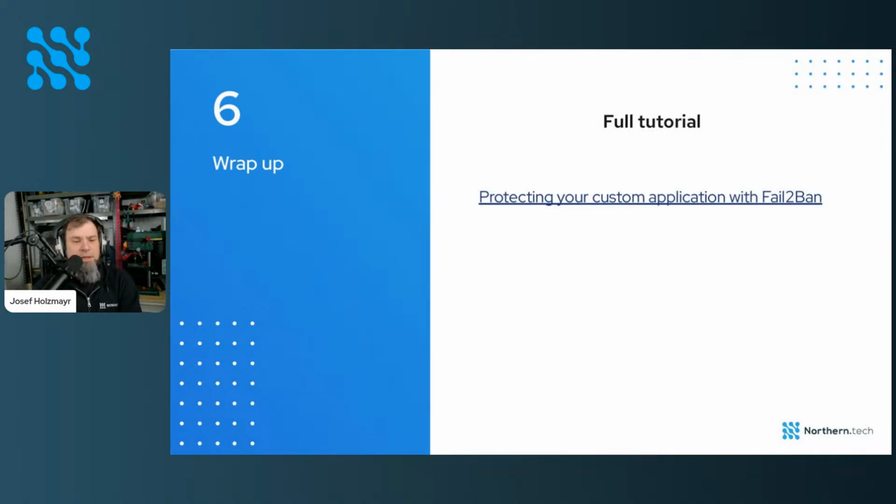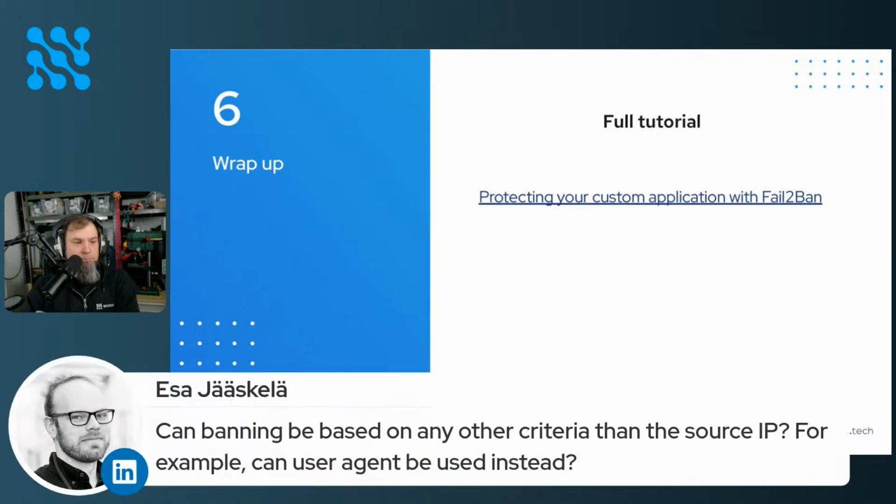ESA says, can banning be based on any other criteria than the source IP? I don't think so. At least not by default, because the default action is to use nftables. nftables, to my understanding, does not have any insight into the user agent.